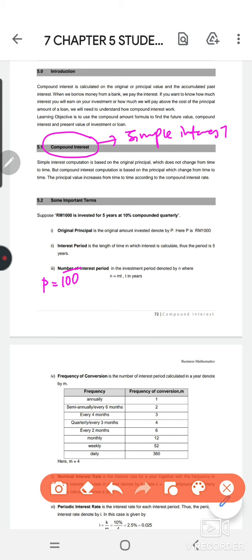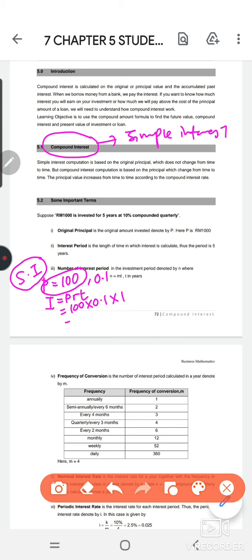For example, we save RM100. So I calculate the interest. I equals to PRT. If I put your R as 0.1 or 10%, I get the interest as 100 multiplied by 0.1 multiplied by 1. This one is for simple interest.